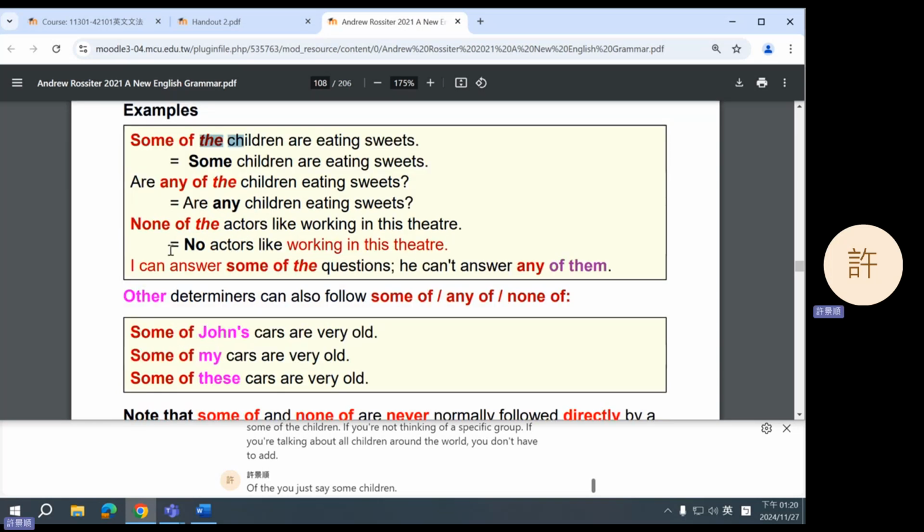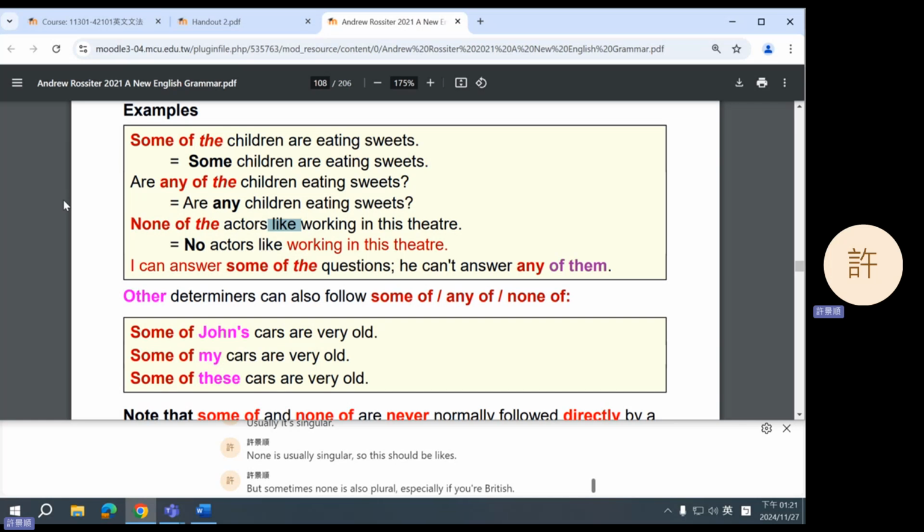And so notice here, the original negation is no actors like, or the actors don't like. But if you use of the, you have to use none. None of the actors. Usually it's singular. None is usually singular. So this should be likes. But sometimes none is also plural, especially if you're British.